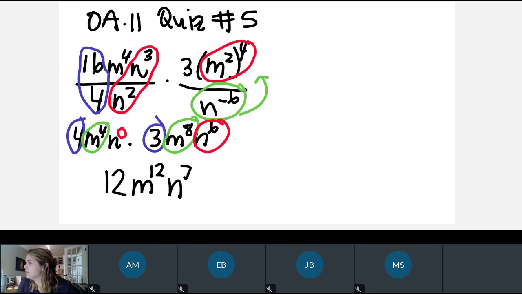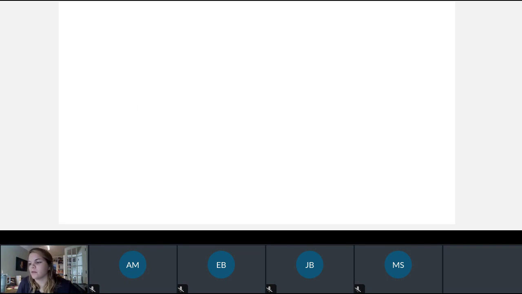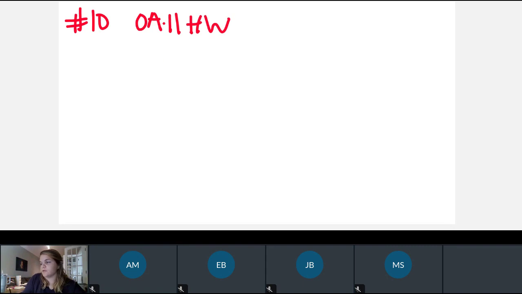Okay, now let's look at 0. Well, now it's 0.11 homework. So this is number 10. I just renamed it to be 0.11 homework. So let's look at number 10.